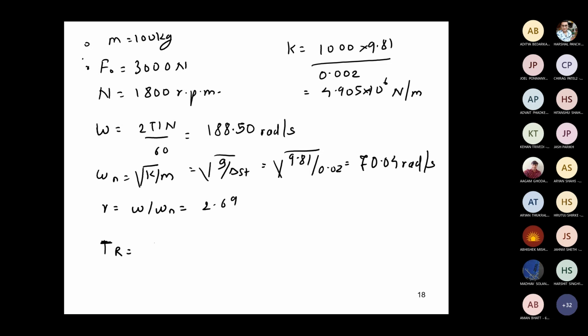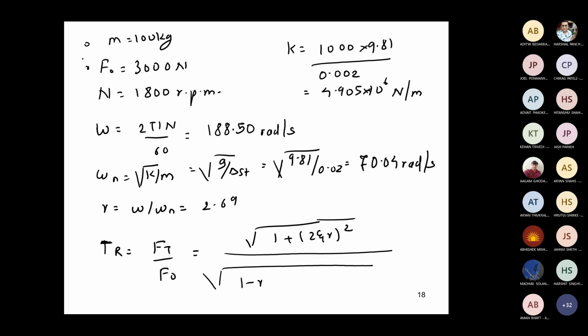That is equal to Ft by F0, and that is equal to square root of 1 plus (2 zeta r) whole square divided by square root of (1 minus r square) whole square plus (2 zeta r) whole square. All right. So substitute all the values in this and find out the force transmitted. And post your answers in the chat box.